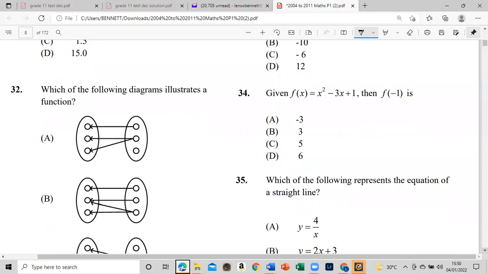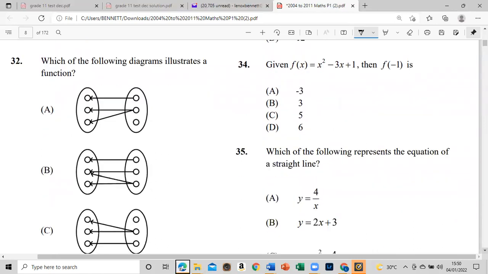Alright, 32. Which of the following diagrams illustrates a function? What we're looking for is one of these. I think this would be the x's, guys. You see them turn it around sometimes. So this is not a function because more than one x goes to more than one y, right?